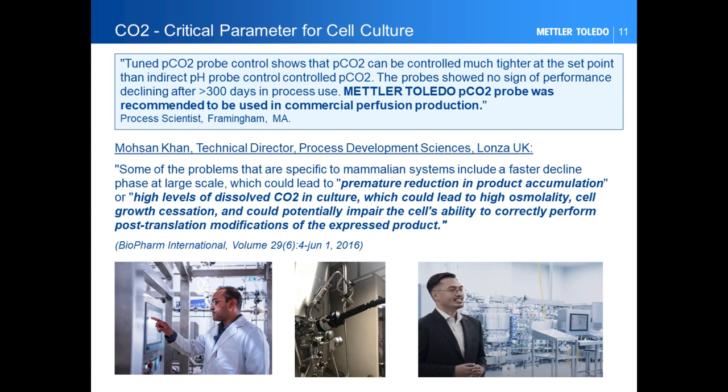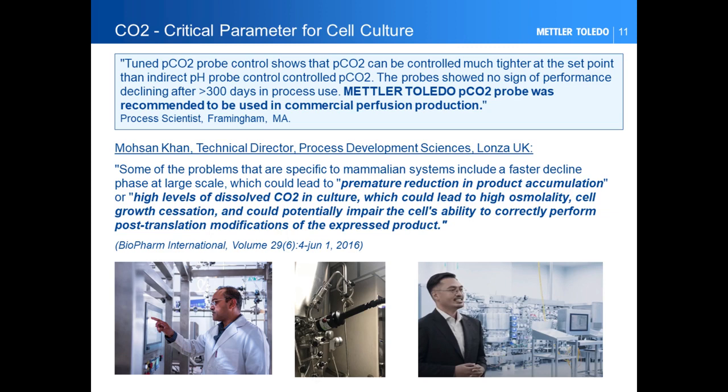So today, with a dissolved CO2 sensing solution performing in the bioreactor, this relationship between dissolved CO2 and measured pH in cell culture is key to develop a tightened pH control. So first comment has been made with an engineering perspective, confirming the accuracy and performance in a commercial environment for a dissolved CO2 sensor, measuring in line precisely, and as you can see, beyond 300 days for a single perfusion batch.